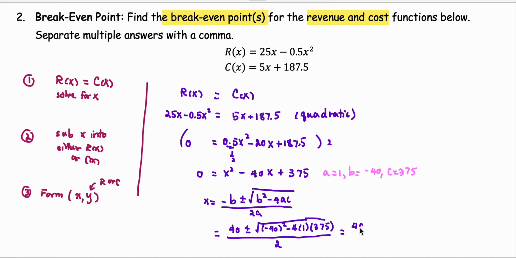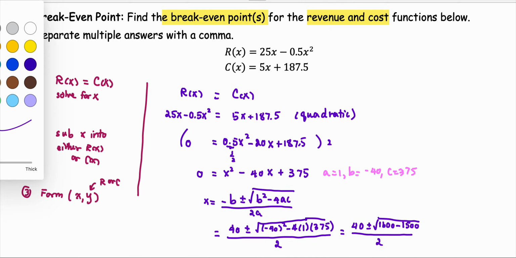We have 40 plus or minus, by the order of operations, the power of negative 40 becomes a positive term. So we get 16 hundred, subtracted by 375 times 4, that is 1500. And the whole thing is divided by 2.